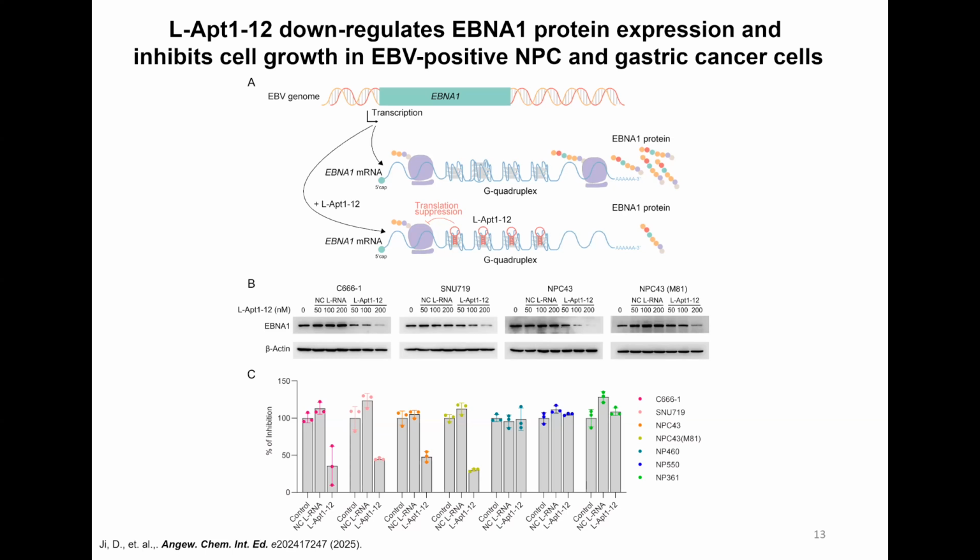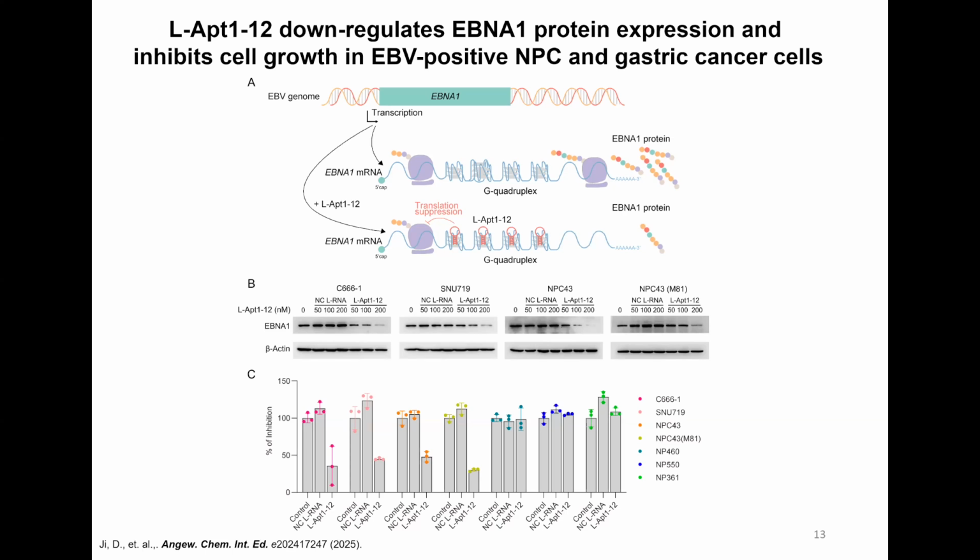And these ones are EBV-positive NPC cells. In 90% of cases when people have nasopharyngeal cancer, they contain the EBV virus. So we use it as a case to suppress the protein, shown here. These 4 cell lines are all EBV-positive cell lines.